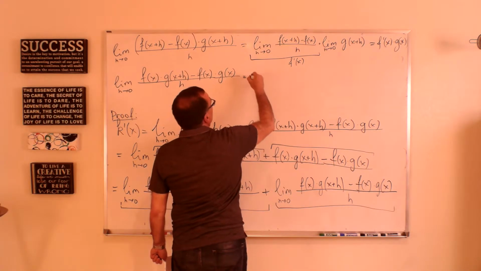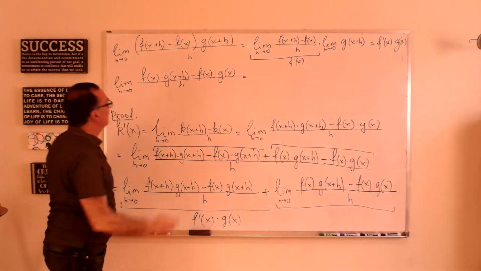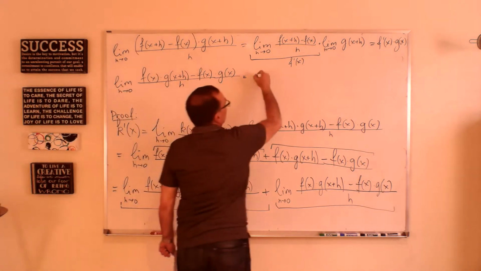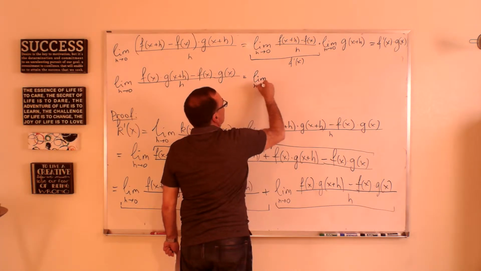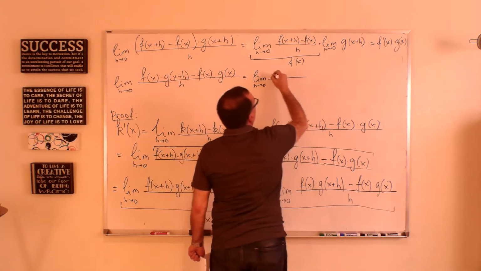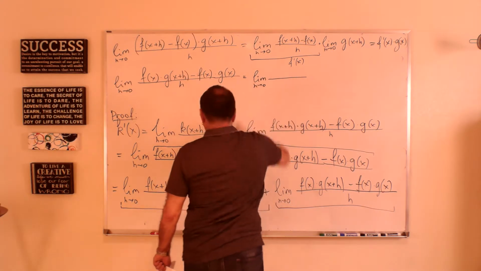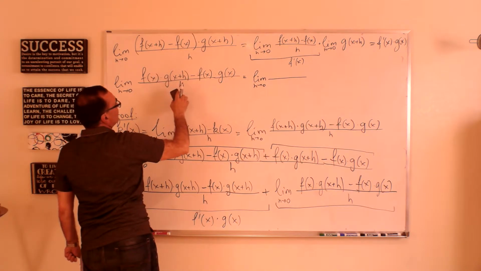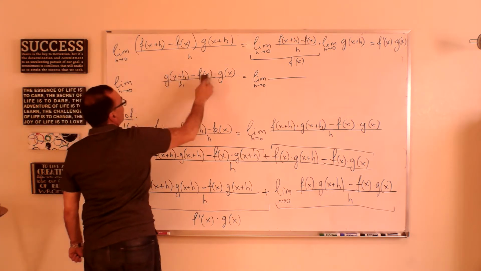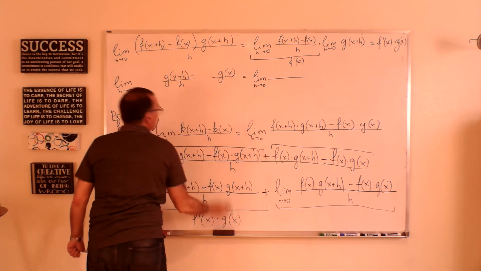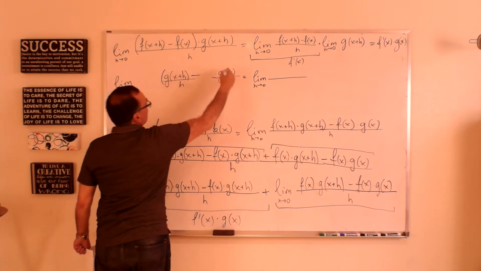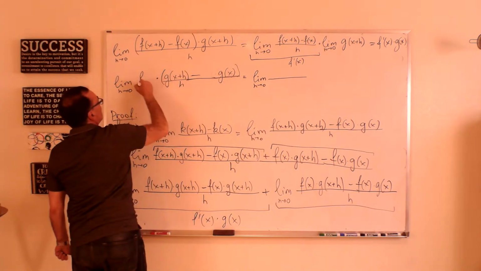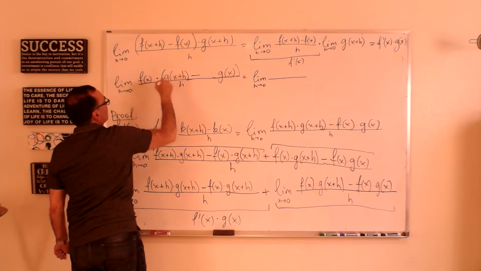So what we will do now, we will take out the f of x, which is the common term, and that becomes limit as h approaches 0. So it will be g of x plus h minus g of x, and all of that multiplied times f of x.